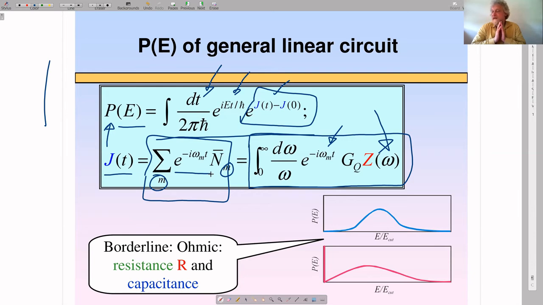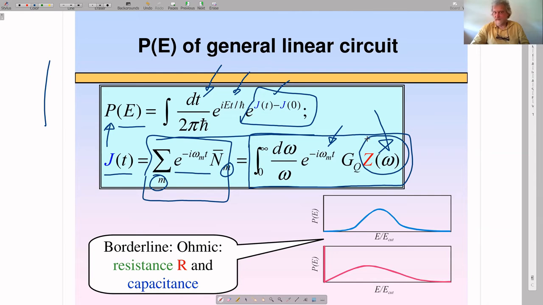Let me sketch possible answers. It turns out that depending on the properties of this impedance, P of E can be of two different sorts. It is important to talk about the probability of tunneling without energy loss.